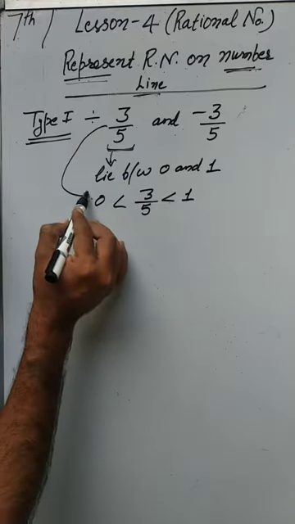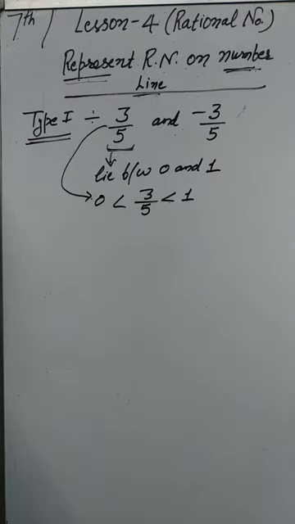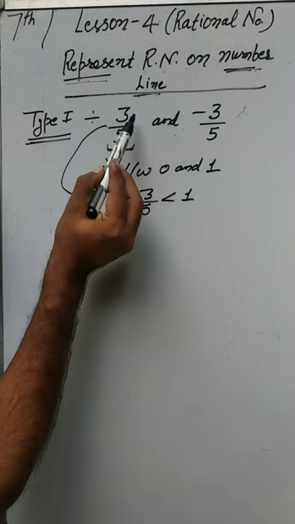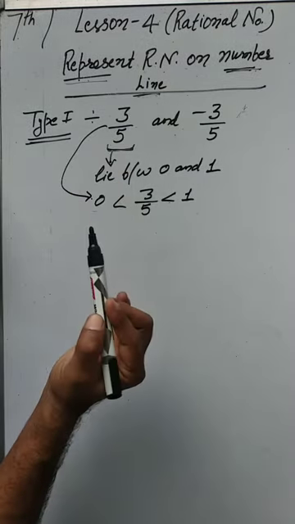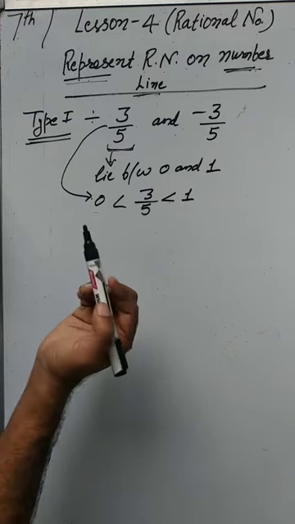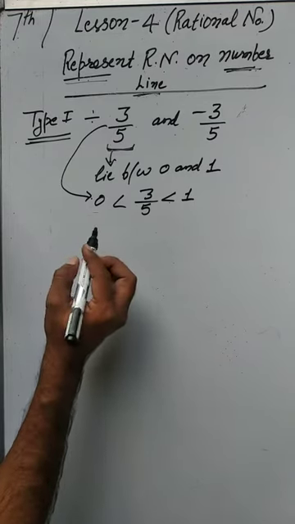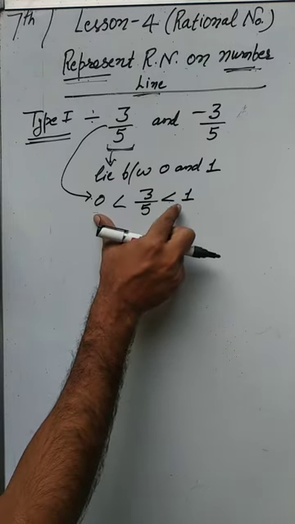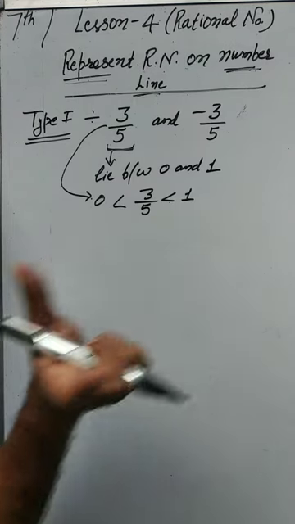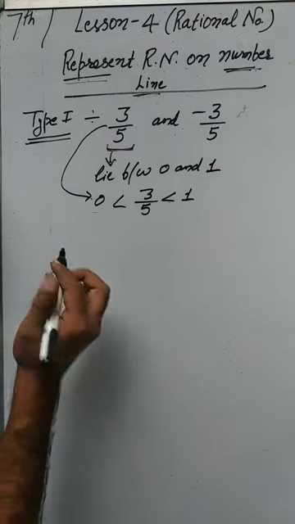These types of positive rational numbers lie between 0 and 1. Okay beta? So we have to work on the number line between the portion 0 and 1.